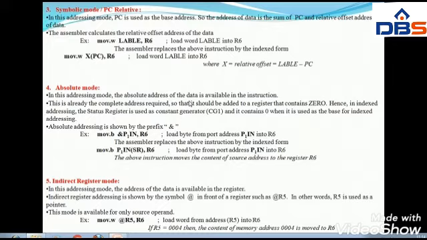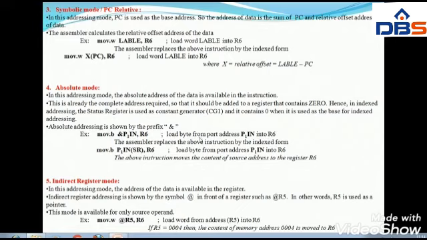Hence in the index addressing, the status register is used as constant generator 1 and it contains 0 when it is used as a base for indexed addressing mode. That means, see here they have given MOV.B &P1IN, R6.